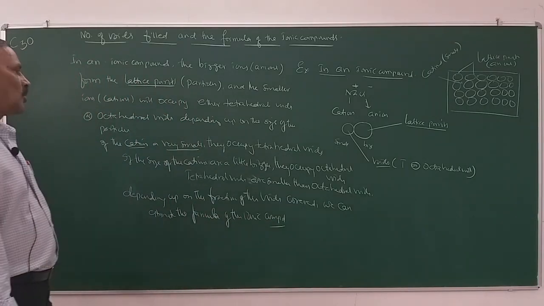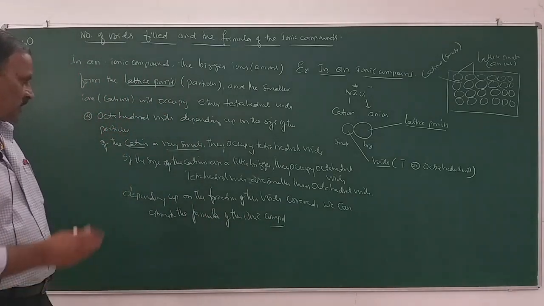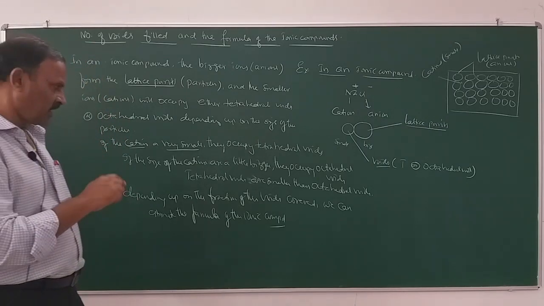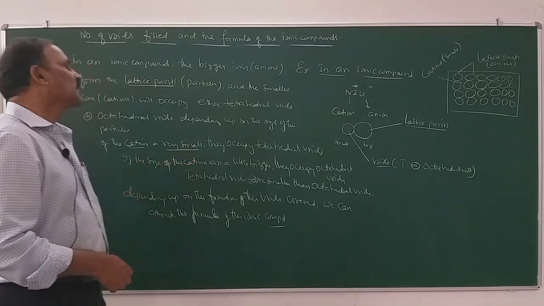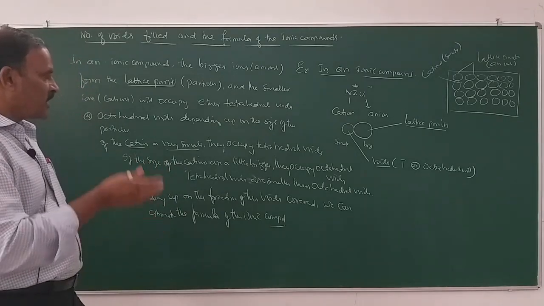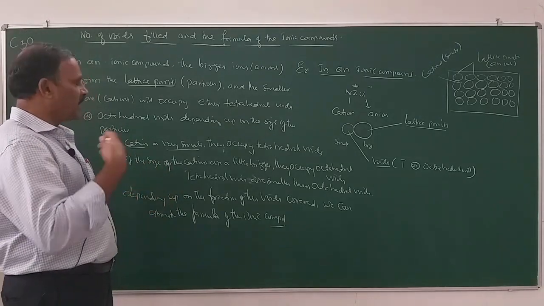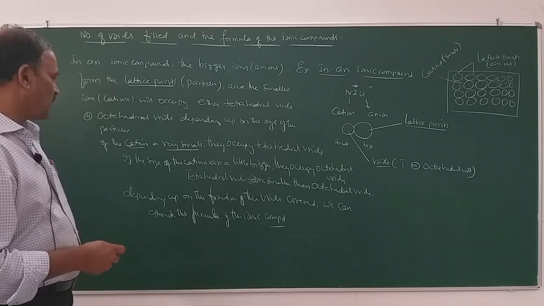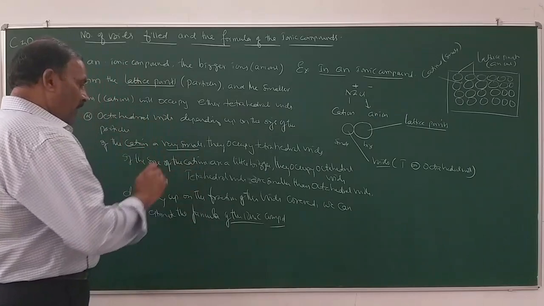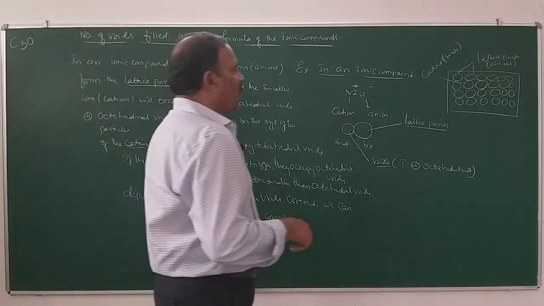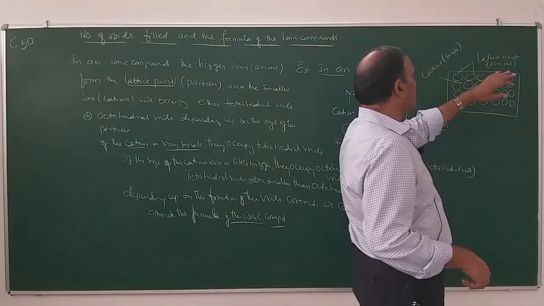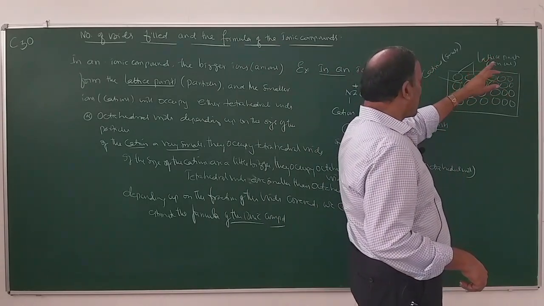So in ionic compounds, bigger ions form lattice points and smaller ions occupy either tetrahedral voids or octahedral voids. So depending upon the fraction of the voids covered by cations or any other ions, we can estimate the formula of the ionic compound.